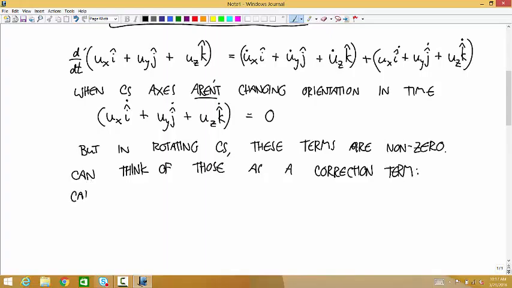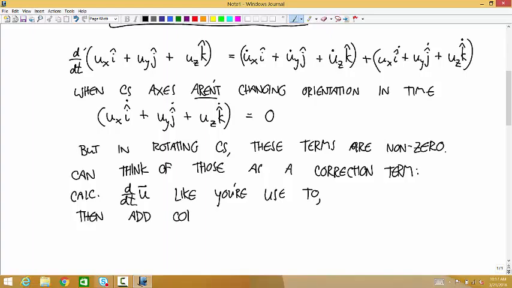So you can calculate d/dt of a vector like you're used to doing it, then add the correction term.